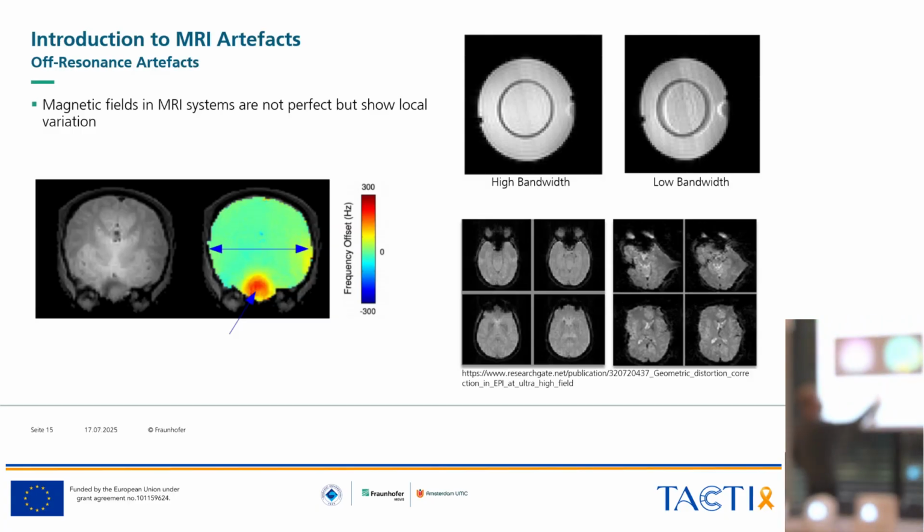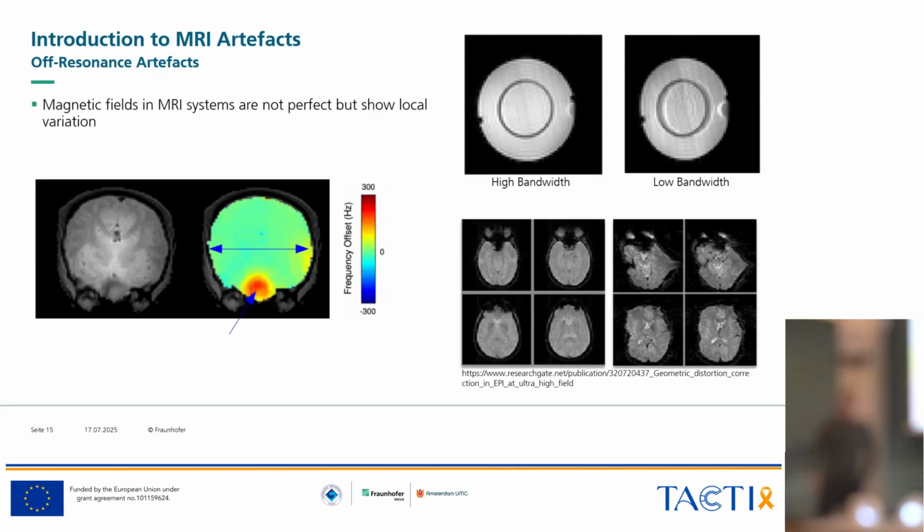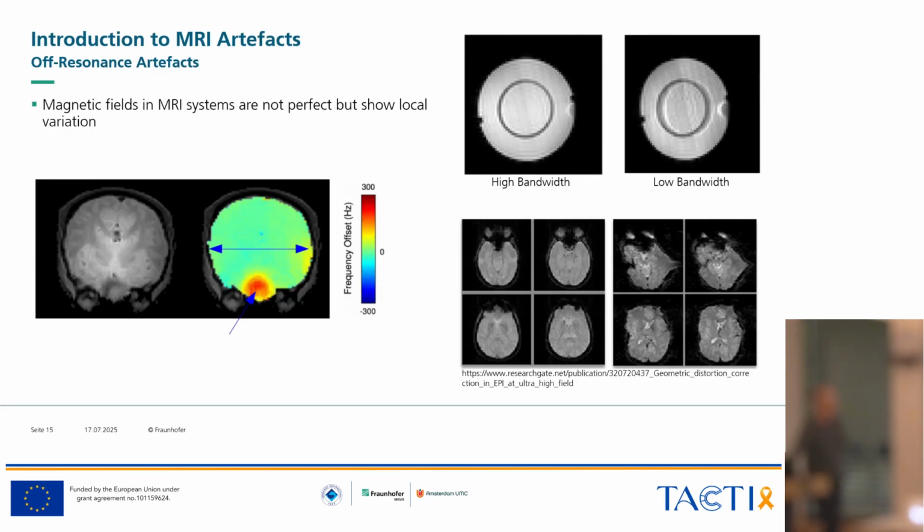So you put a brain or some kind of object into your scanner, and this will always locally introduce some changes to your main magnetic field. And the reason is that a brain, for example, has some paramagnetic properties which will change the local magnetic field depending on the type of tissue or the boundaries between tissues in some regions of the object.